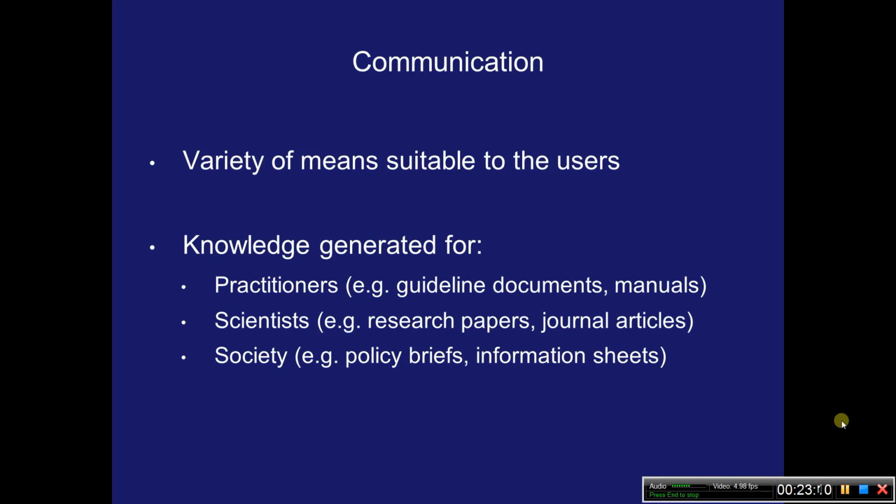And then for society, short policy briefs, information sheets that are accessible might be useful. So we need to think through the different ways in which the research needs to be communicated in transdisciplinary processes.